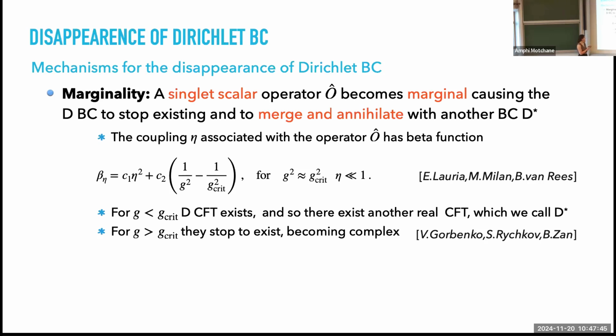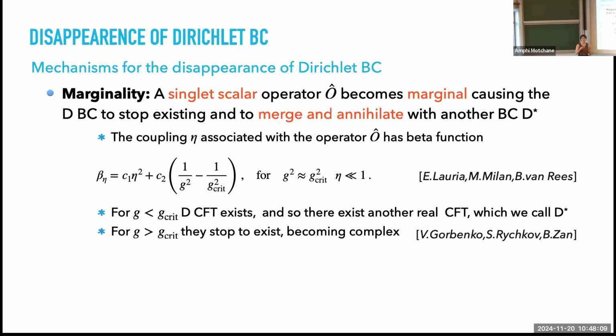This means that if we perturb the theory from G critical, from the value at which we have marginality, we can do that preserving the boundary condition, the CFT at the boundary, only if the deformation is in one direction. But we know that for G less than G critical, the Dirichlet CFT is present.